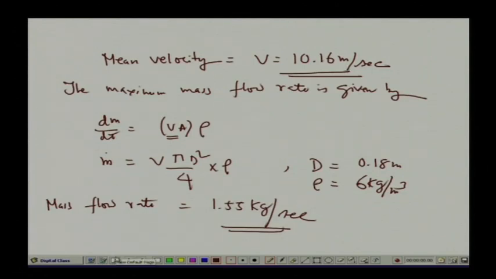Now, we have to find the Reynolds number. Let us take a new page. The Reynolds number is given by Re equal to rho V D by viscosity, where eta is the viscosity.